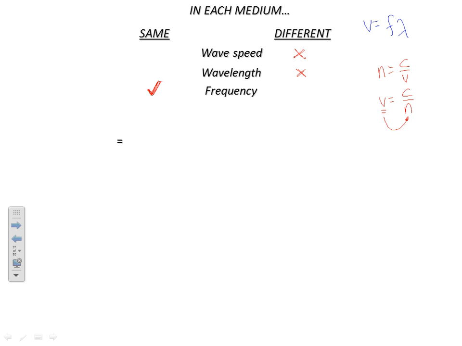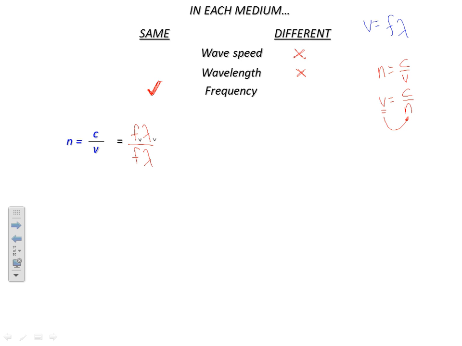Now, where are we at? There's n is c over v. Any wave speed we can say is f lambda, and this is also f lambda. This is frequency in a vacuum, lambda in a vacuum, because c is the speed of a wave in a vacuum.